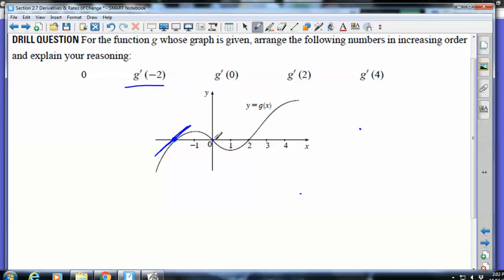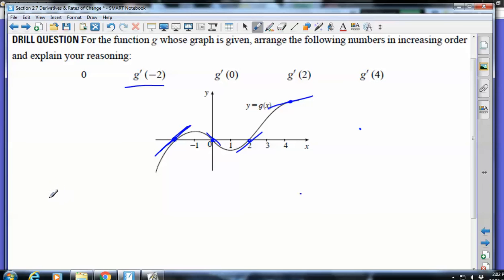So g prime of 0 would be estimating the slope at 0. G prime of 2 would be estimating the slope at 2. G prime of 4 would be estimating the slope at 4. Do any of these have a negative slope?